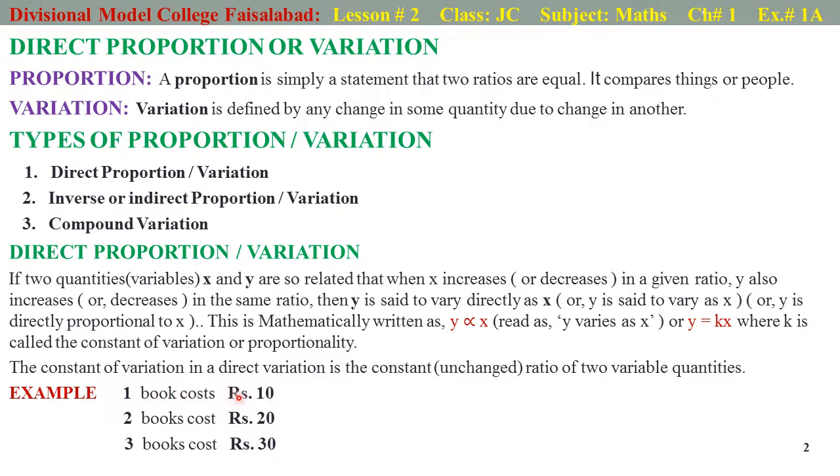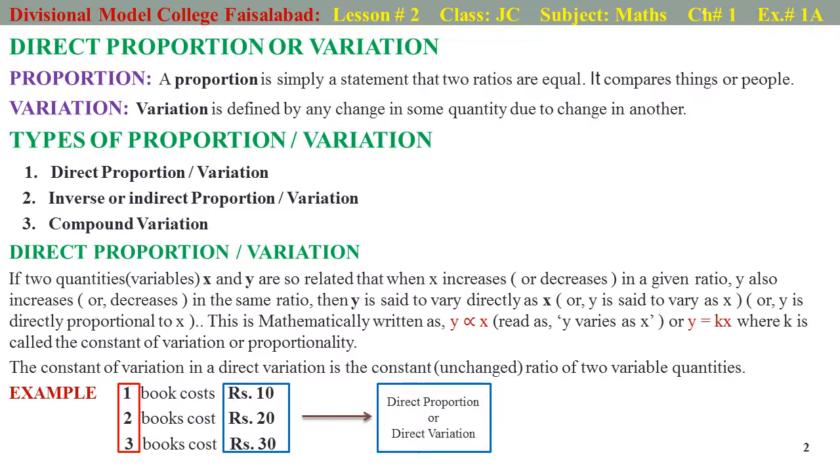Two quantities are related in such a way that if the number of books increases, the cost also increases. And if the number of books decreases, the cost also decreases. So this is the case of direct variation or direct proportion.